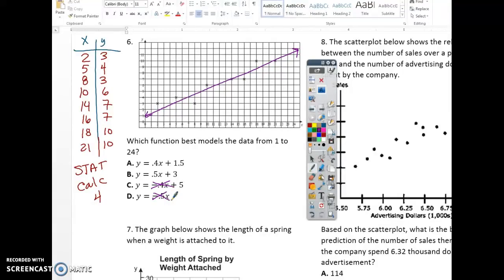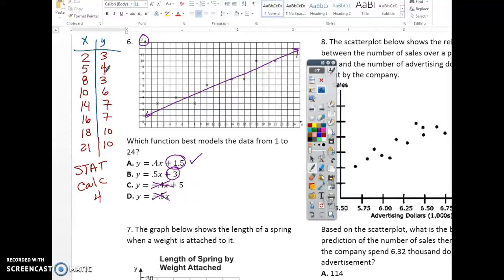And then the other one, this is a y-intercept, this is a y-intercept. Where did I start? Did I start at a 3 or did I start at a 1.5 on the y-axis? Closer to 1.5. But again, if you cannot tell, then you need to make your little table, put it in StatCalc 4 and get the equation because it's going to give it to you.